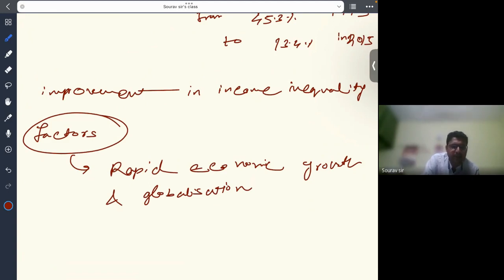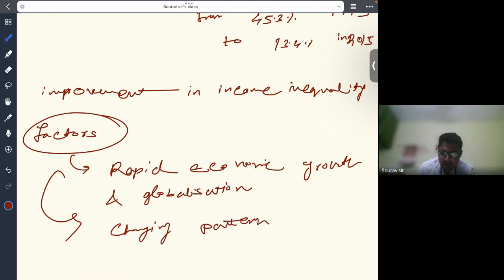Additionally, there have been changes in the composition of consumption expenditure over time, with spending on non-food items increasing, which may have contributed to inequality in consumption patterns. So the changing pattern of consumption is another key responsible factor.